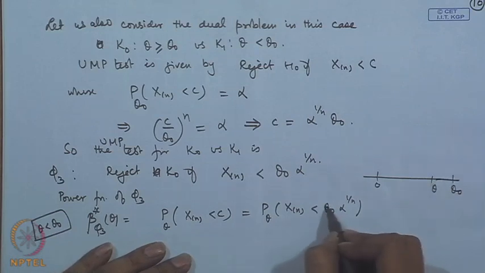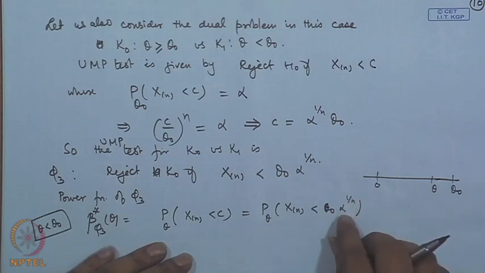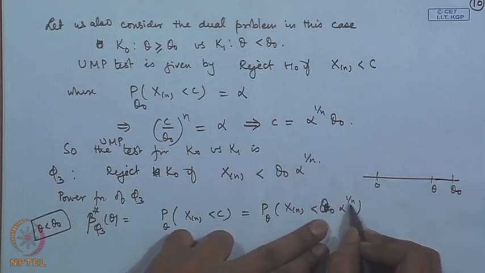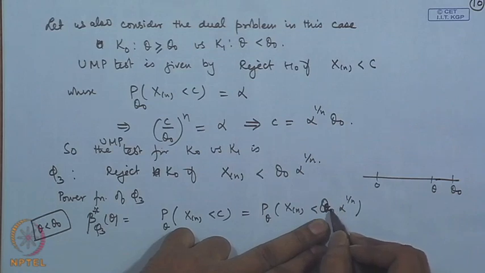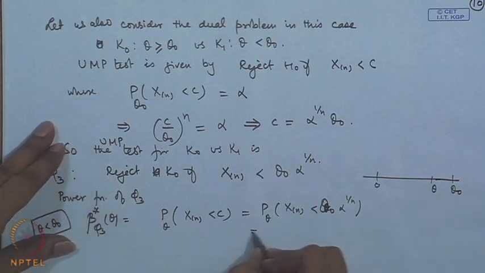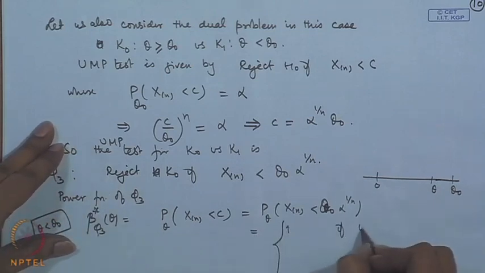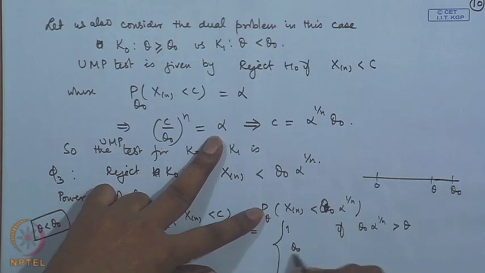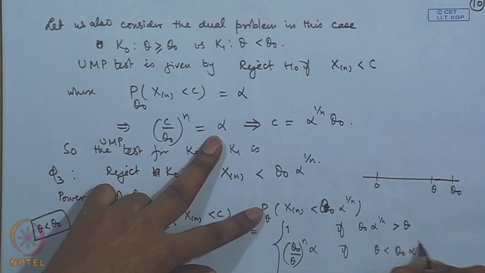So there can be two cases here, because theta naught into alpha to the power 1 by n is actually less than theta naught. So this is equal to 1 if theta naught alpha to the power 1 by n is greater than theta. Otherwise, this value is equal to theta naught by theta to the power n into alpha, if theta is less than theta naught alpha to the power 1 by n.